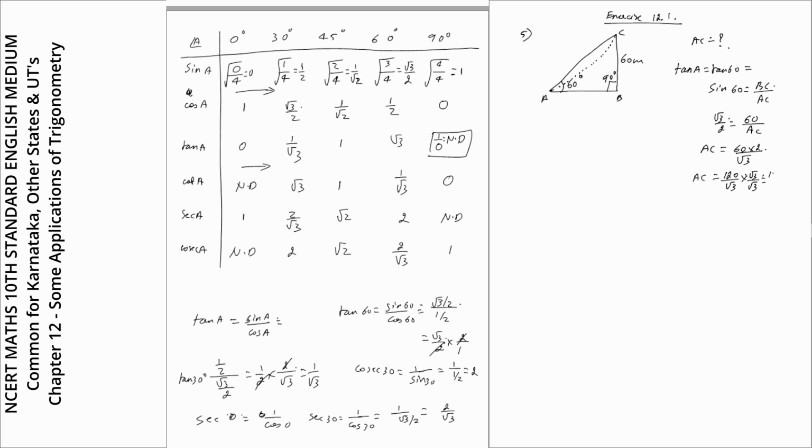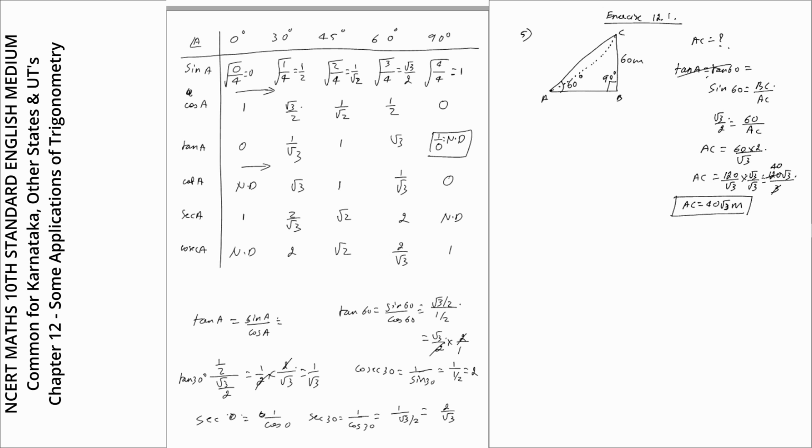So I'll get 120 root 3 by 3, root 3 into root 3 is 3. 3 ones are 3, 3 fours are 12, 0. So 40 root 3 meters. AC is equal to 40 root 3 meters is the answer. That is the length of the string.